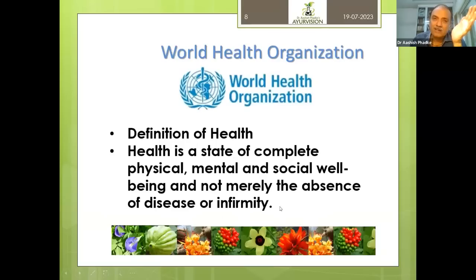So basically here we need to understand that on different levels, that is physical, mental and spiritual, all those aspects are considered while defining health or holistic health or well-being as mentioned in Ayurveda. And something similar is also mentioned in yoga as well.